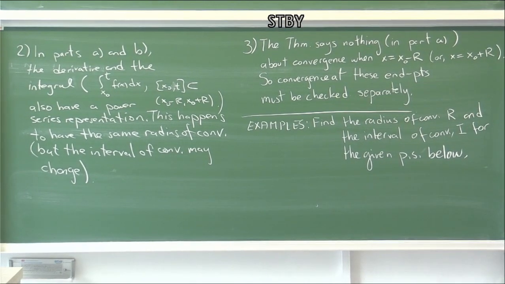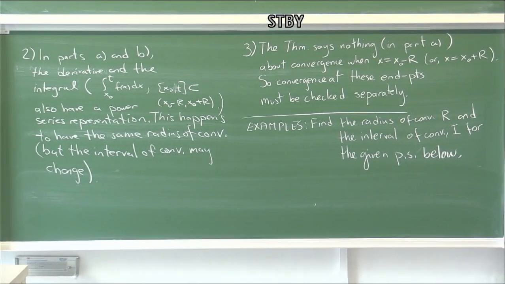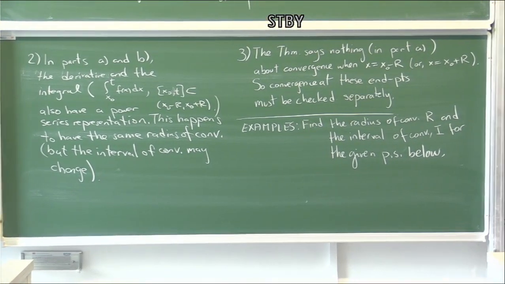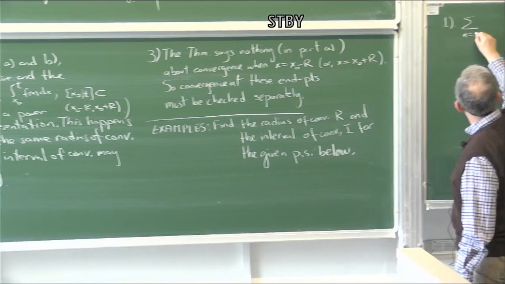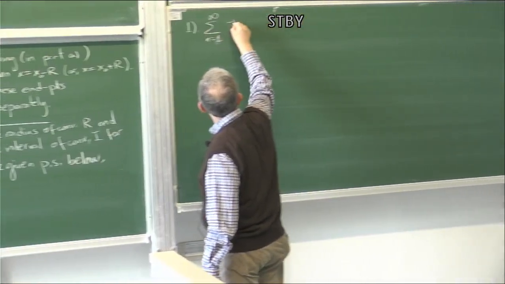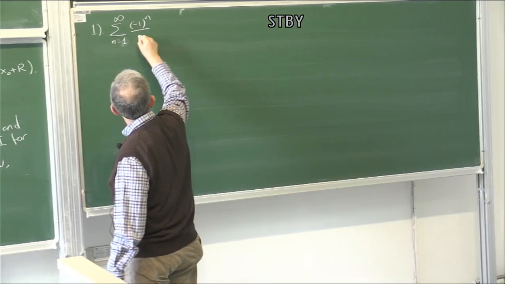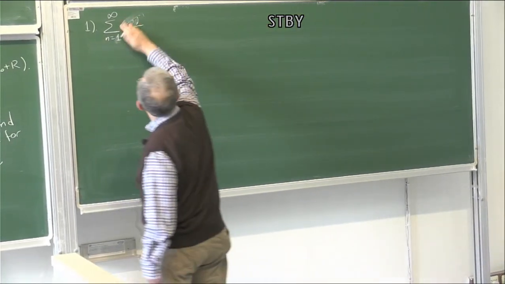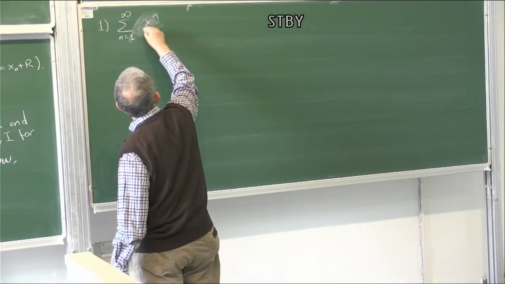Now our first example will be the series, starting from n equals 1, minus 1 to the n over n, oh sorry, x to the n.